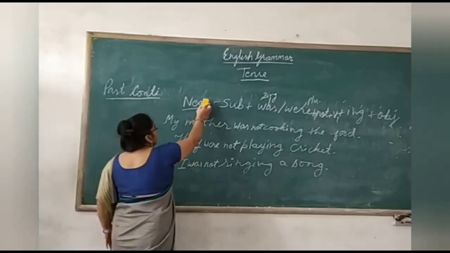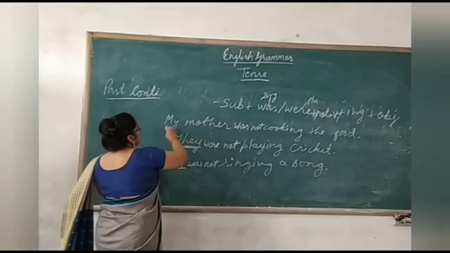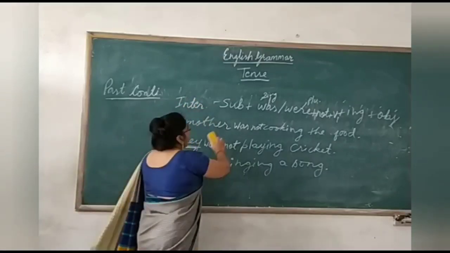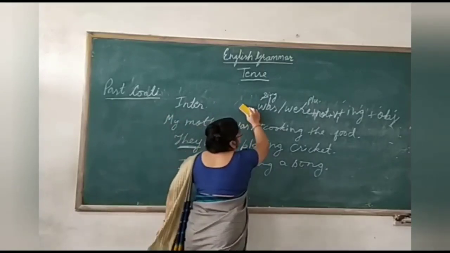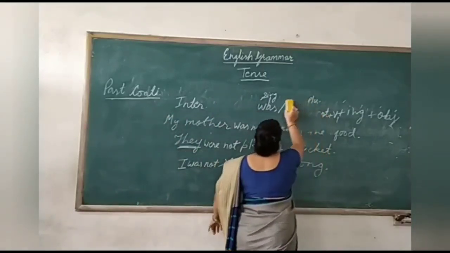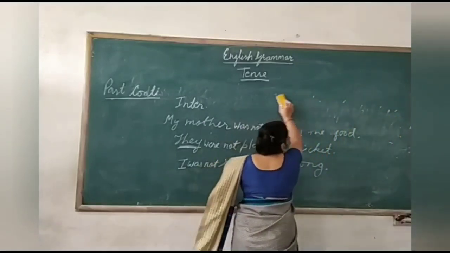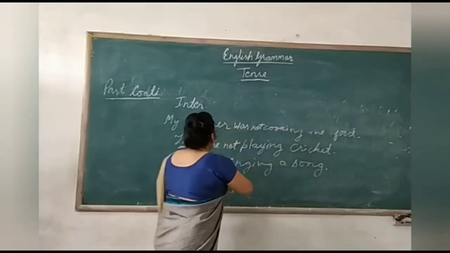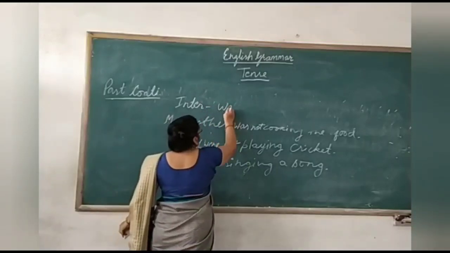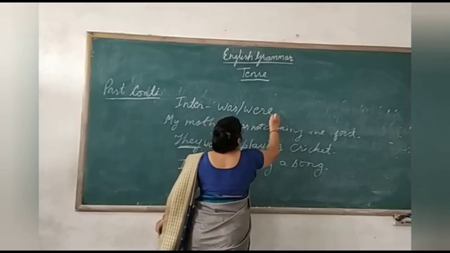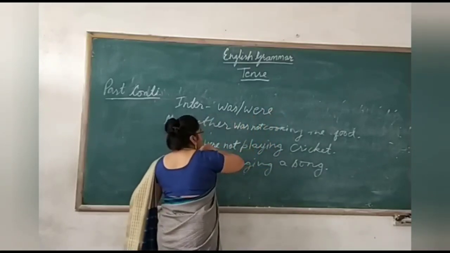Now let us see the interrogative structure. Interrogative, what happens? Same way, this subject will be written after the helping verb, children. See here, was, were, because we are constructing now the interrogative, then the verb will come first.